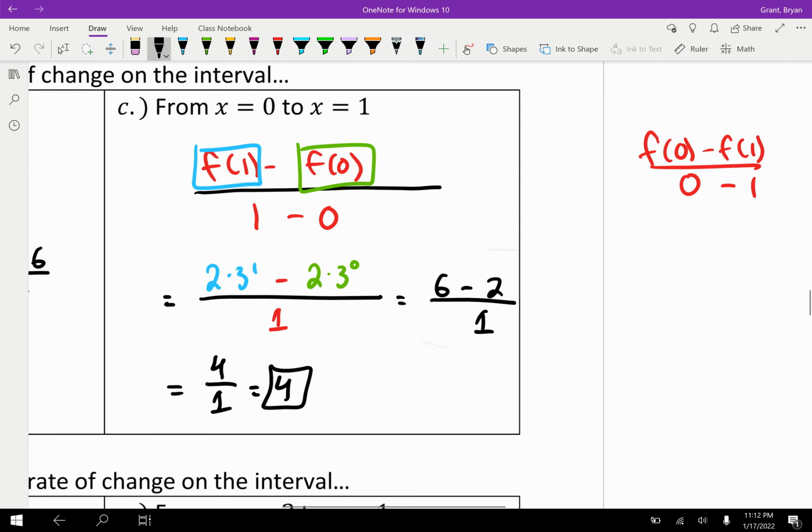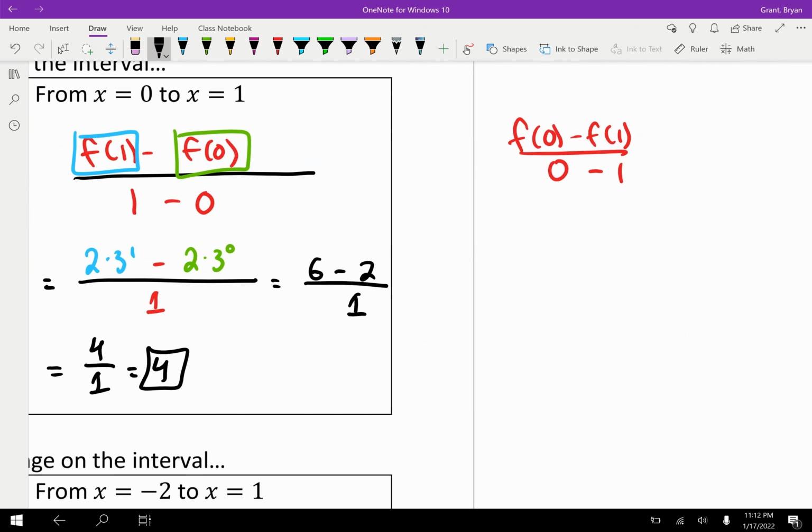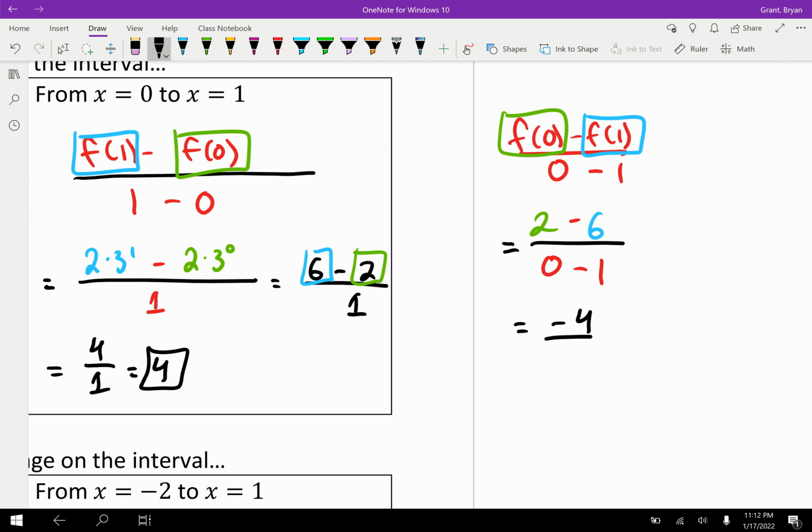Now, if you did the order backwards, well, we can cheat a little bit because I know what f of 0 is. F of 0 is what I did in green before, and that ended up becoming 2. And then f of 1, we also know. Okay, f of 1 is 6 over 0 minus 1. Working this out, the numerator becomes negative 4, the denominator becomes negative 1.